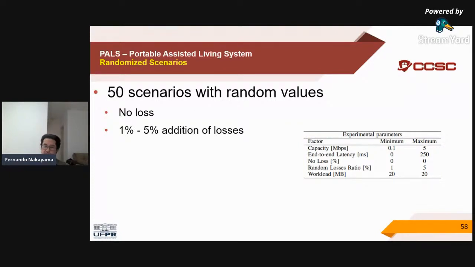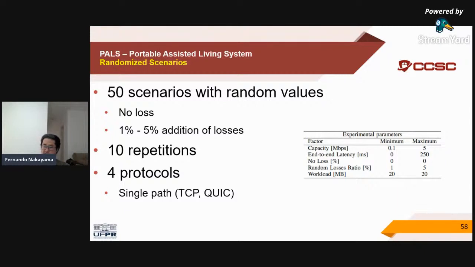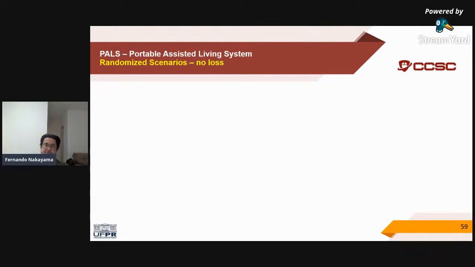We performed 10 repetitions for each scenario, and we employed 4 protocols: the single path TCP and QUIC, and the multipath MPTCP and MP-QUIC. The objective for this experiment was to observe the behavior of the multipath and the single path protocols in a wide range of possibilities.